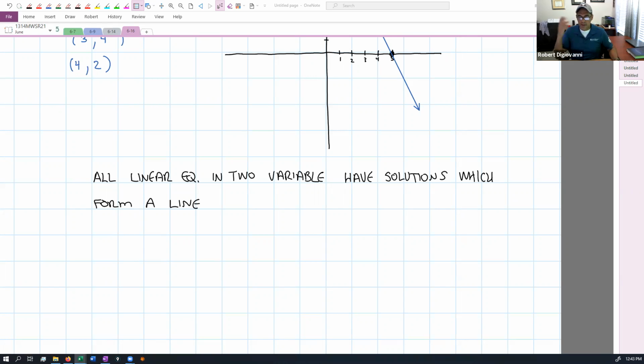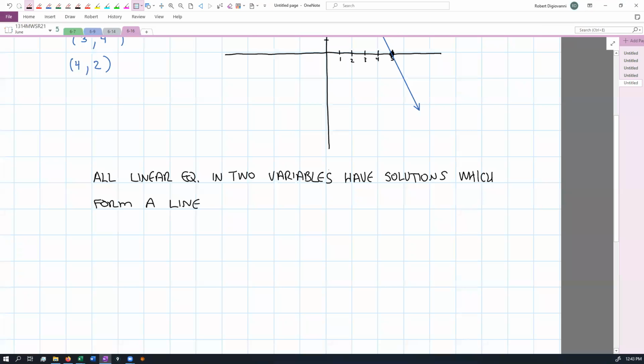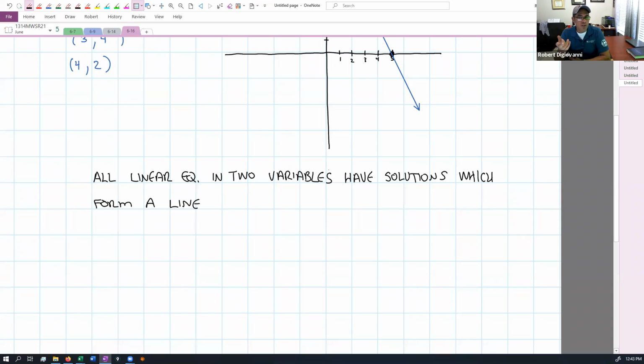Okay, so Diane, I have a thinking question here. If all linear equations in 2 variables have solutions that form a line, then how many solutions would you have to find in order to be able to draw me the line? 2. Would one solution be enough? No. How many would you need? At least 2.